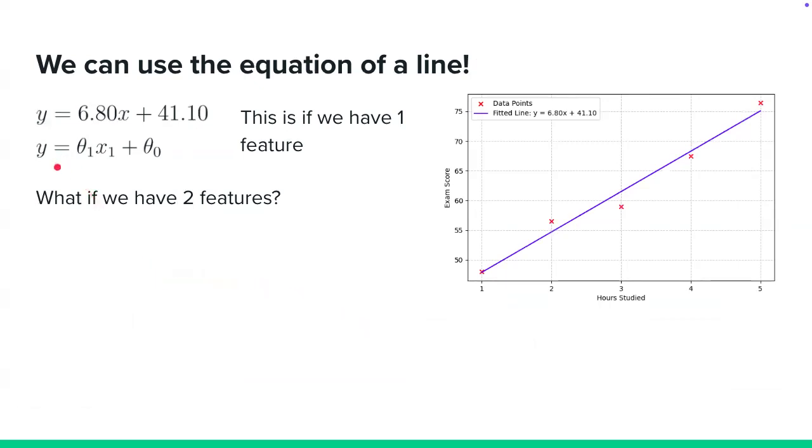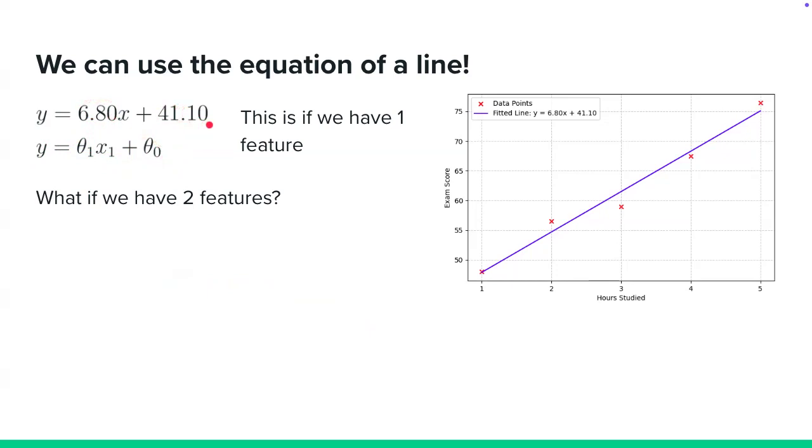So for one feature, we have y equals theta 1 x1 plus theta naught. So theta 1 is m and theta naught is b. This 6.80 is theta 1, and theta naught here is 41.1. So this is if we have one feature.